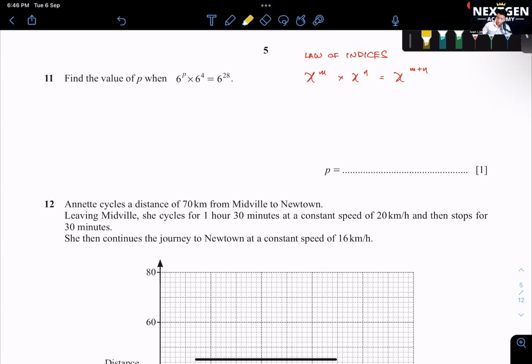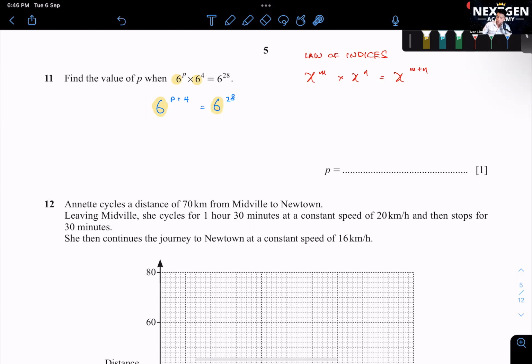So you see, I have the same base here, 6 and 6. So 6 to the power of p times 6 to the power of 4, I can rewrite as 6 to the power of p plus 4 equals 6 to the power of 28. My goal is to have one big value on the left-hand side and one big value on the right-hand side.